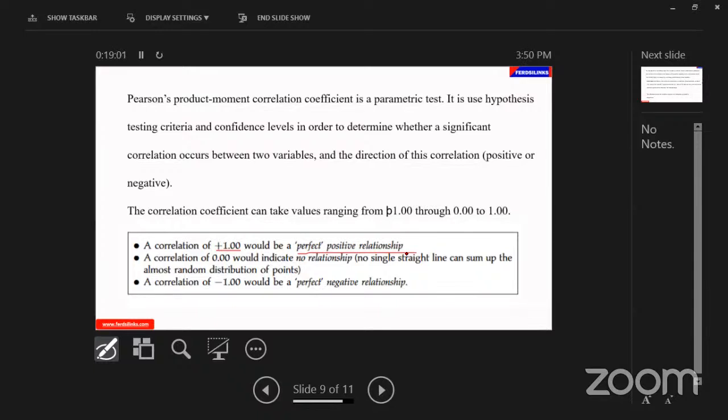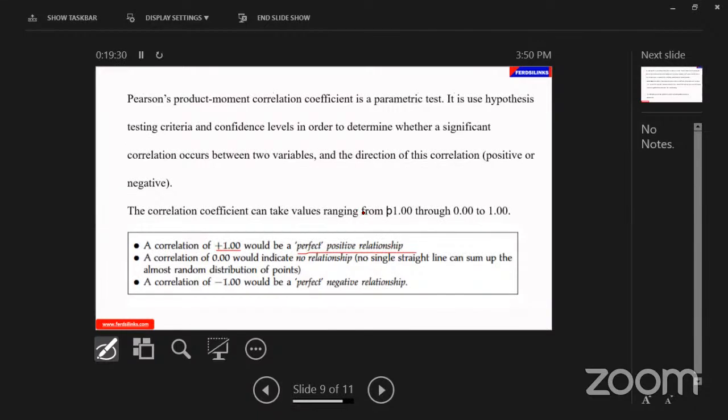So if there is rainfall, then there should not be sun. So we can assume that the relationship is perfect negative. But if it is that although rain is falling, there's a bit of sunshine, then we will have a negative relationship. The more it rains, the lesser we have sunshine. It's negative. You get that? Yes. And it can be strong, it can be weak, it can be almost close to 0.